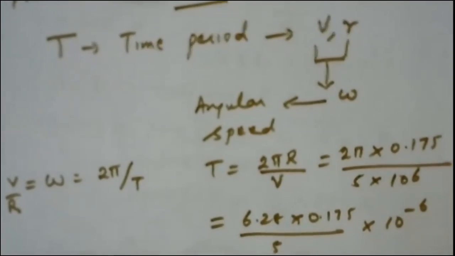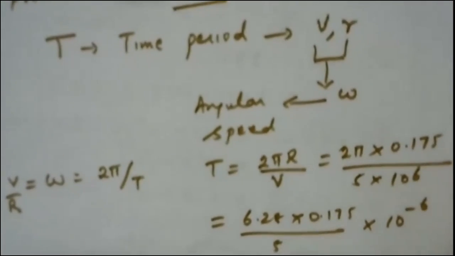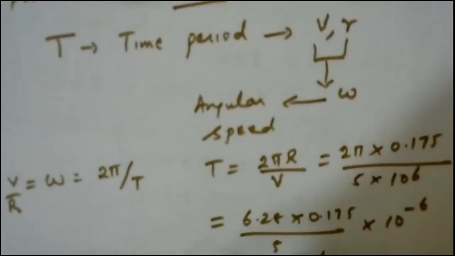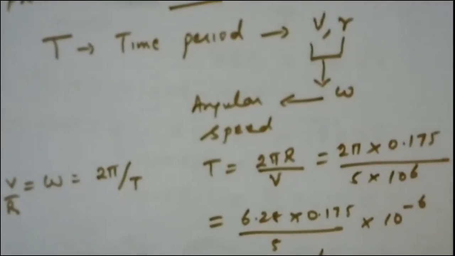Using the calculator, 6.28 into 0.175 divided by 5 is equal to 0.219 into 10 to the power of minus 6. What is the unit? Seconds. So this takes somewhere around 2.2 into 10 power minus 7 seconds.